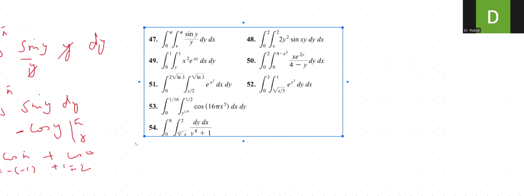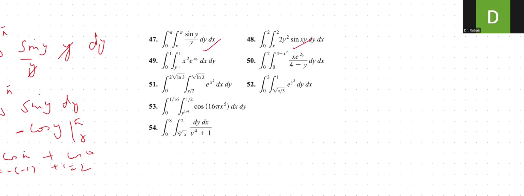This is question 47. You can do the same way with 48, 49. Yes, 50 is also on the same way. 51, 52 and onward, right? You have to reverse this function. Here, this function will be reversed, this function will be reversed and this function will be reversed. Okay, this is reversing order.